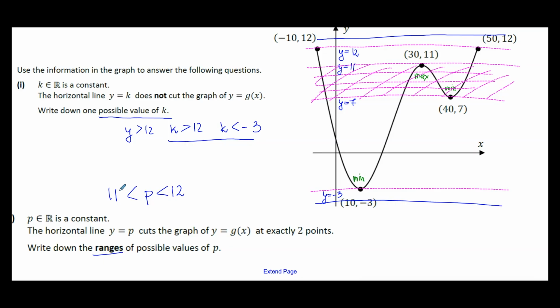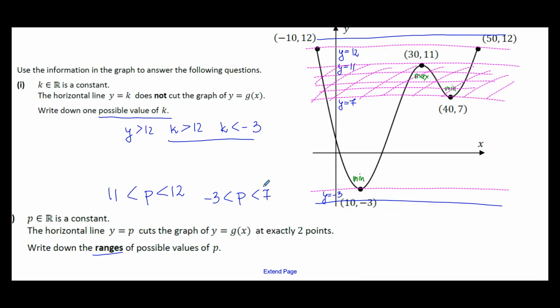And then for the other value, my p-value has to be less than 7, and it has to be above minus 3, so greater than minus 3. So those are the two ranges.